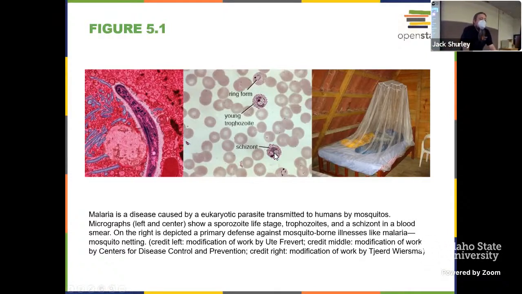And down below, as we are going through this process of replication, generating more parasites, it's this schizont stage where we're replicating and filling it up with new baby malaria parasites. That red cell will rupture, releasing all of these parasites to in turn infect new red cells, all right?